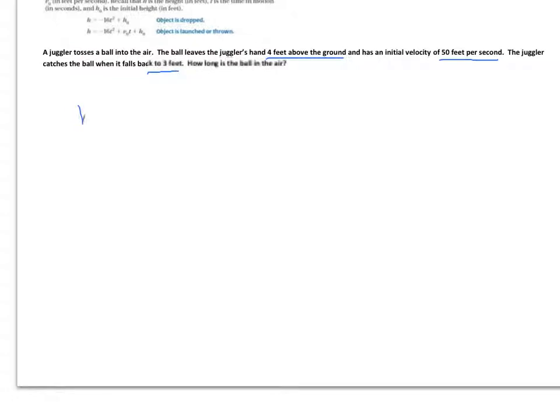So we get h equals negative 16t squared plus the original velocity times the time plus the original height. So let's see. The ball leaves the juggler's hand 4 feet above the ground.